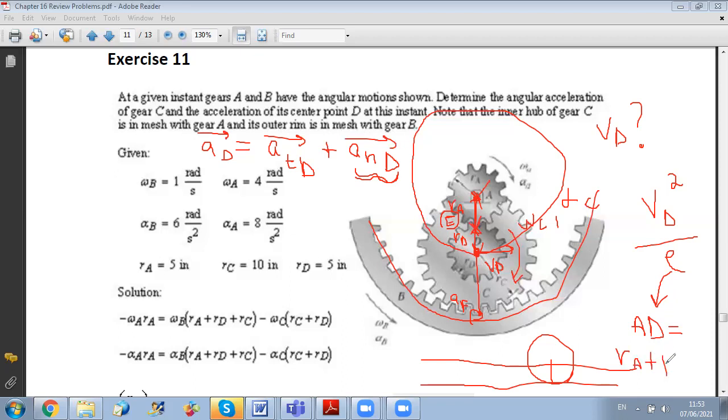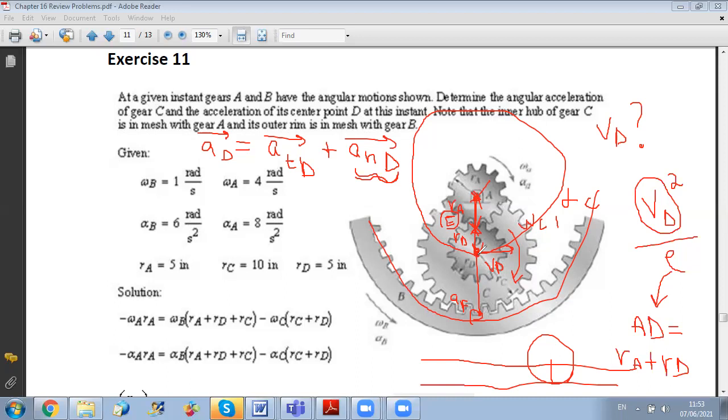And to know the value of the velocity at D, it's very simple. I can get VD from a vectorial relation, relating VD either to point E or to point F. If you write a vectorial relation between VD and VE, or VD and VF, you can find the value of VD. Another approach is to use the instantaneous center. If you remember in the course material, we have already seen an example of how to find this.